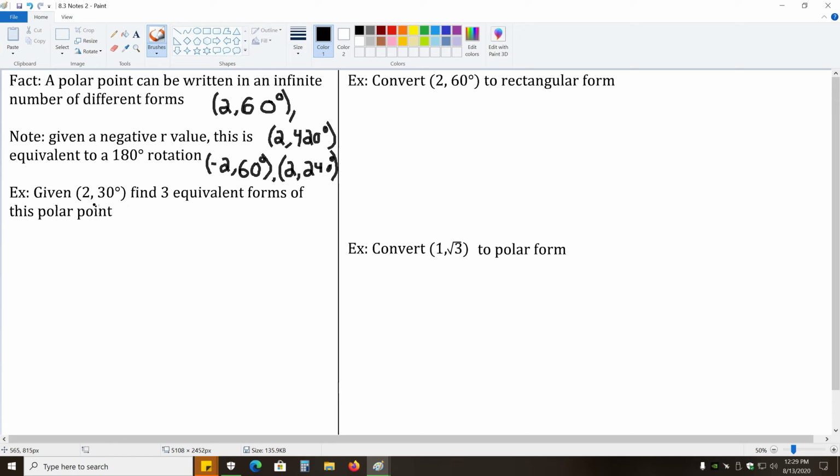Okay, so trying this together, the first thing we can do is take (2, 30) and add 360 degrees to it. A very easy one. That would just give us (2, 390 degrees). So that one's already done. Now we need 2 more. Another thing we could do is make the 2 negative and add 180 degrees to the 30 degrees, which gives us 210 degrees.